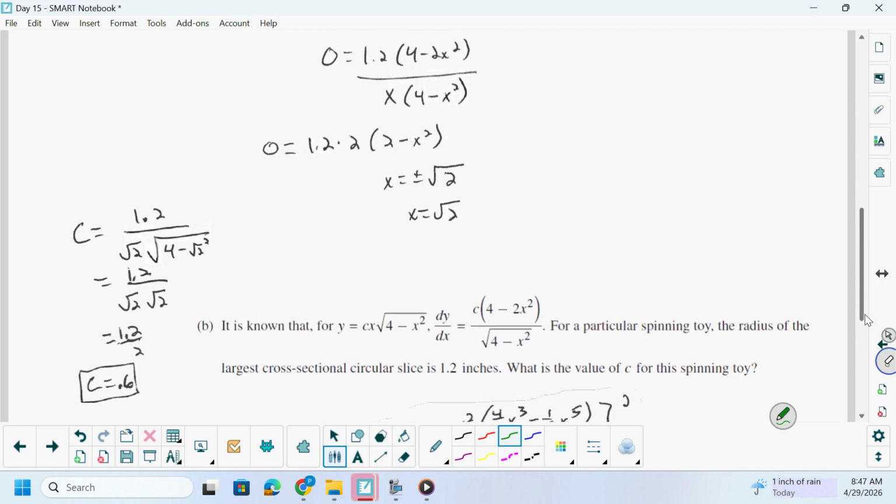So in B, they gave us our derivative dy dx. We know our radius of the largest cross section is just 1.2 inches.